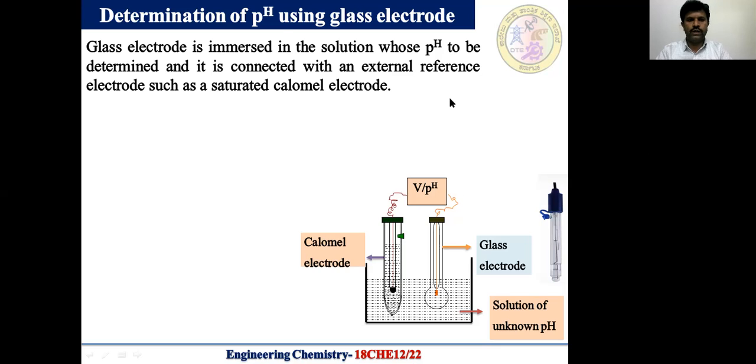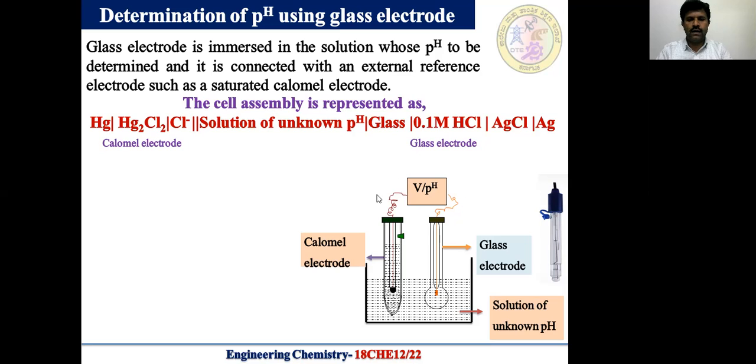The glass electrode is immersed in the solution whose pH is to be determined, and this glass electrode is connected with an external reference electrode such as saturated calomel electrode. So here the glass electrode functions as indicator electrode and the calomel electrode functions as reference electrode.